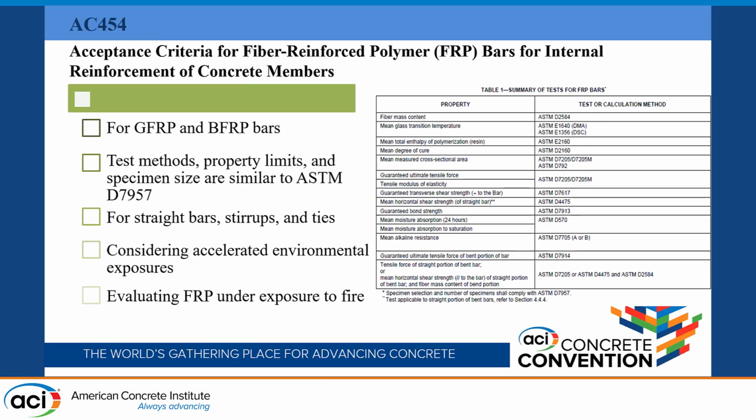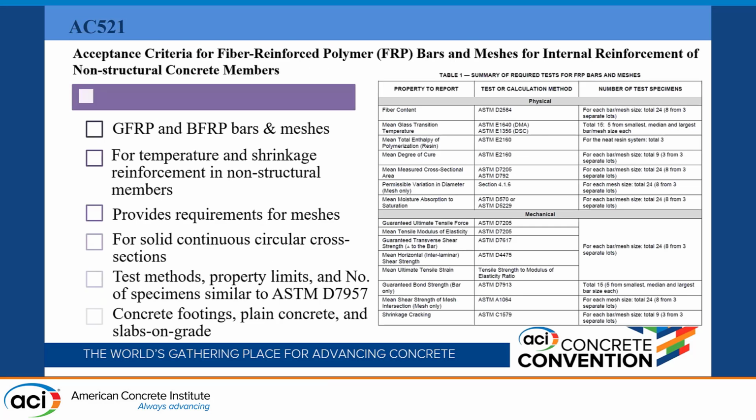Also, it considers accelerated environmental exposure and also exposure to fire. So there you can see other ASTMs that are referred to for the test methods, not the limits. The other one is again acceptance criteria, another document from the ICC, International Code Council. It's the acceptance criteria for fiber reinforced polymer bars and meshes for internal reinforcement of non-structural concrete members. So this one is non-structural.